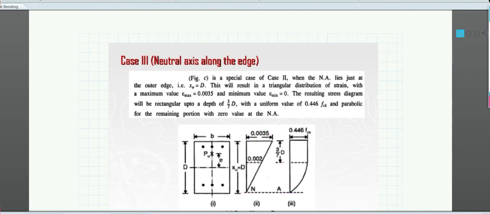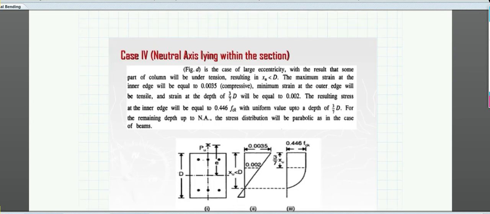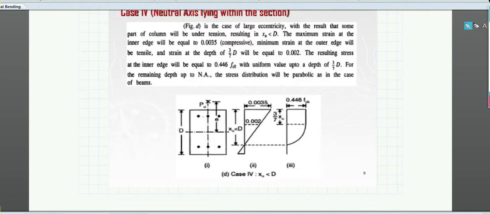Then the last case, which is a very important one, is when the neutral axis lies within the section. Just like in a beam, the neutral axis lies within the section. That is why we had a tension region, which we ignored, and a compression region. You probably remember that we ignored the tension region. But in the column a similar case might happen.